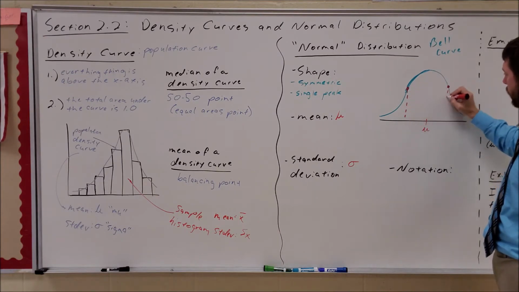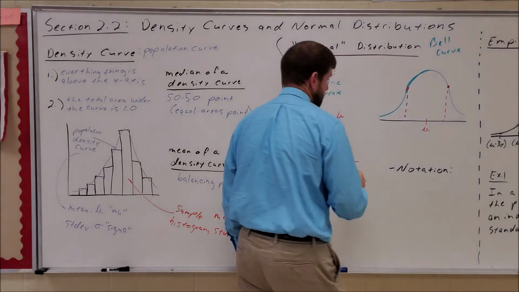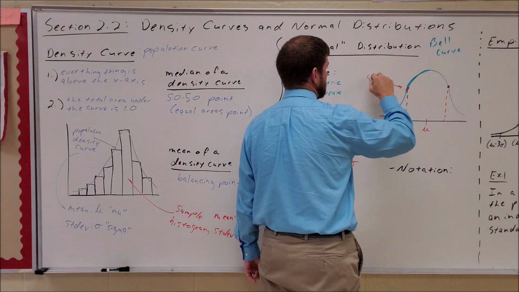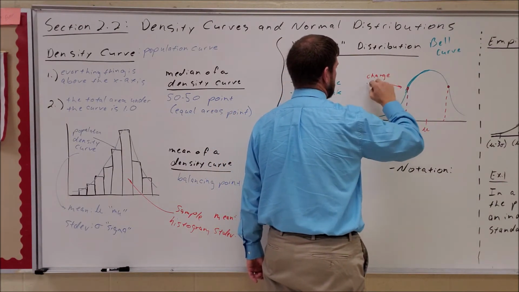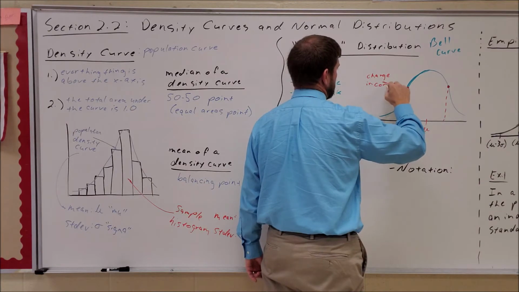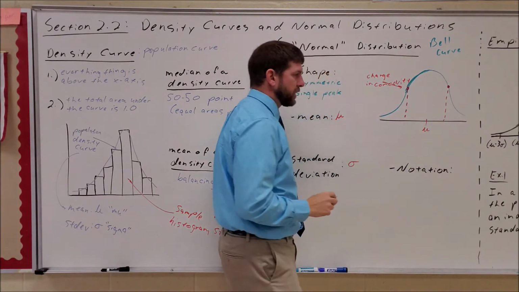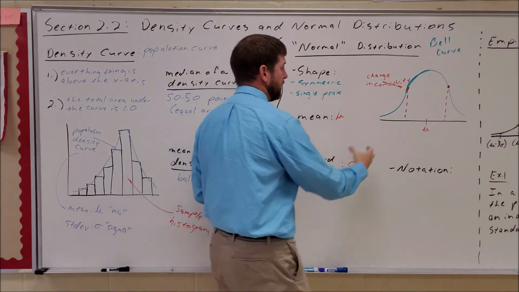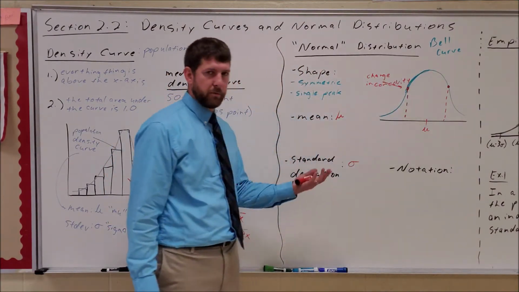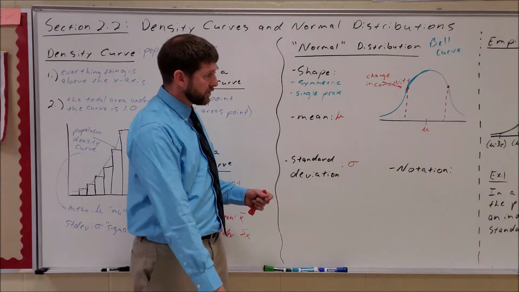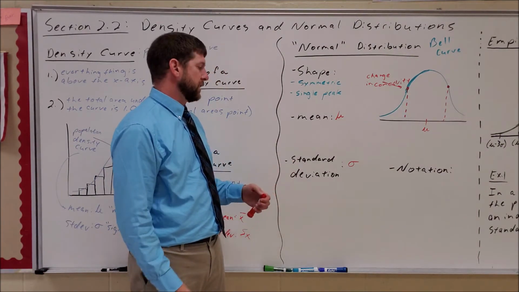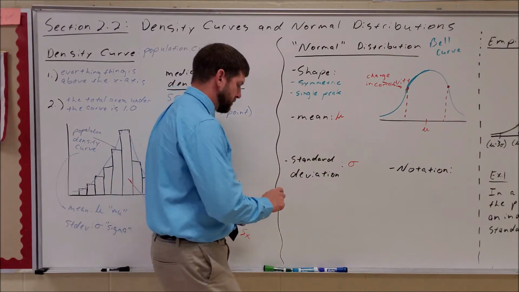Those two points, we call those the change in concavity, whether it's concave up or concave down. You may remember those from your science courses. So the change in concavity is going to be at your one standard deviation mark.